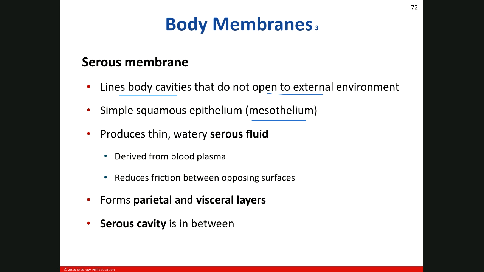There are two layers involved with the serous membrane, the parietal and visceral layers. In between those two layers we secrete serous fluid, and its main job is to reduce friction.